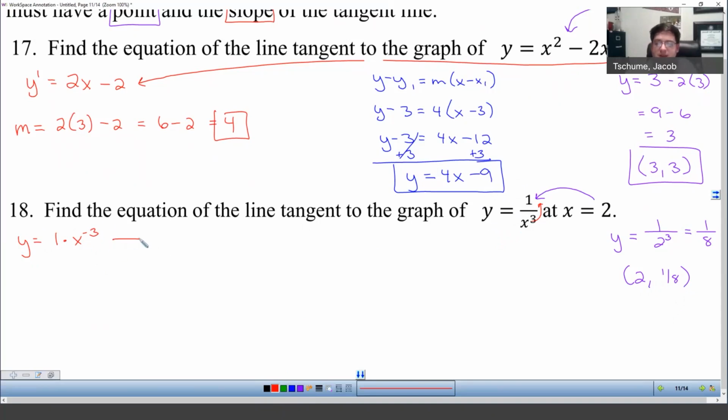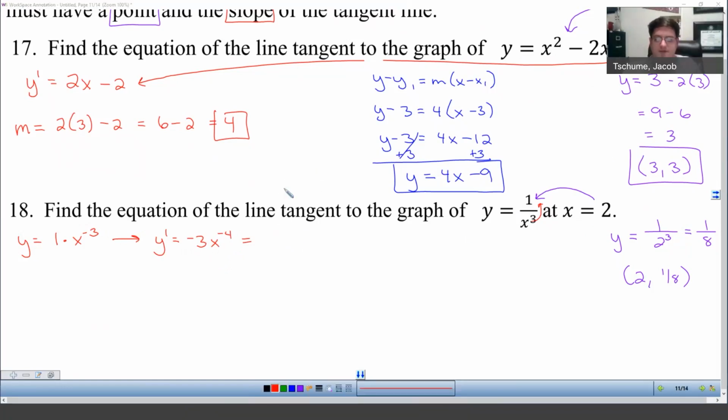If I now use my power rule, y prime is going to be negative 3 times 1, which is negative 3, x, subtract 1 from the power, and that's negative 4. Now here's where I warned you earlier. We stopped a lot earlier at this point, but since we're going to have to plug this x value into the derivative, you need to simplify or clean it up. So I'm going to bring that negative 4 power back to the bottom. Oops, sorry.